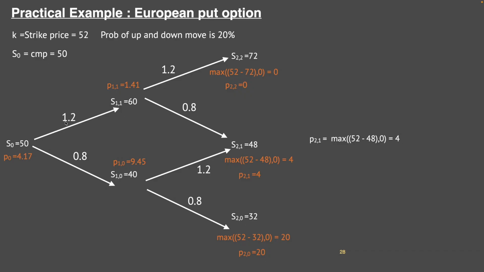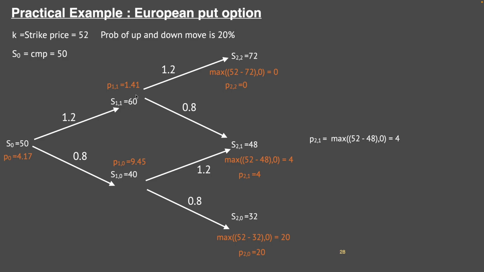So 50 into 1.2, a 20% up move, will be 60. A 20% down move from 50 will be 40. So the value of the underlying at S11, which is this node, will be 60, and S10 will be 40.